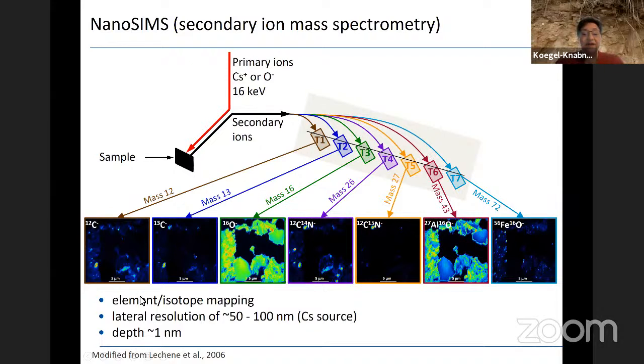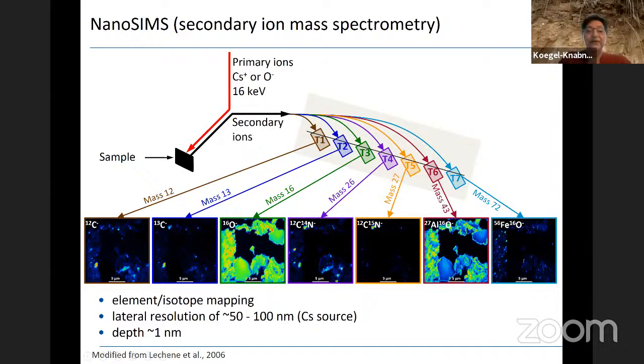And it's sensitive to element and isotope mapping. So you can have 12C, but also 13C. Oxygen always is a very nice way to look at the mineral surfaces. Generally, you can have 14N and you can have 15N, and also the minerals like iron and aluminum. And it has quite a high lateral resolution.